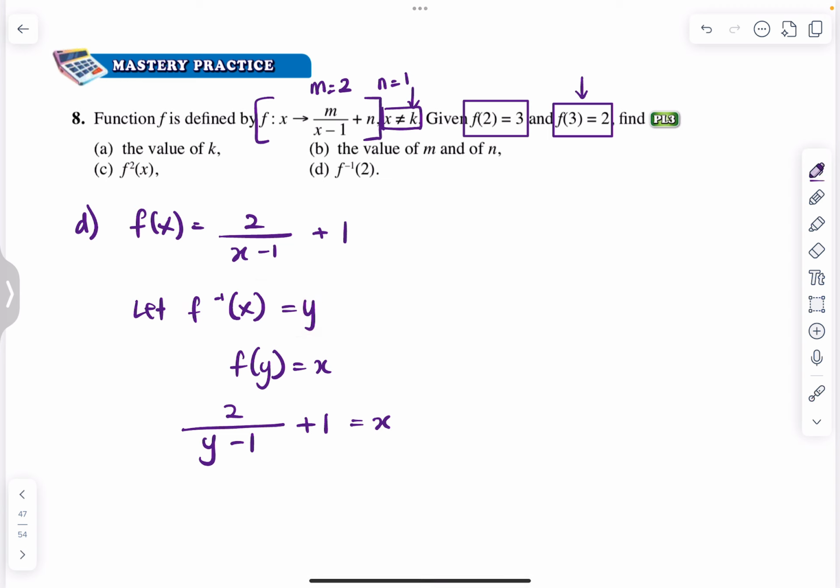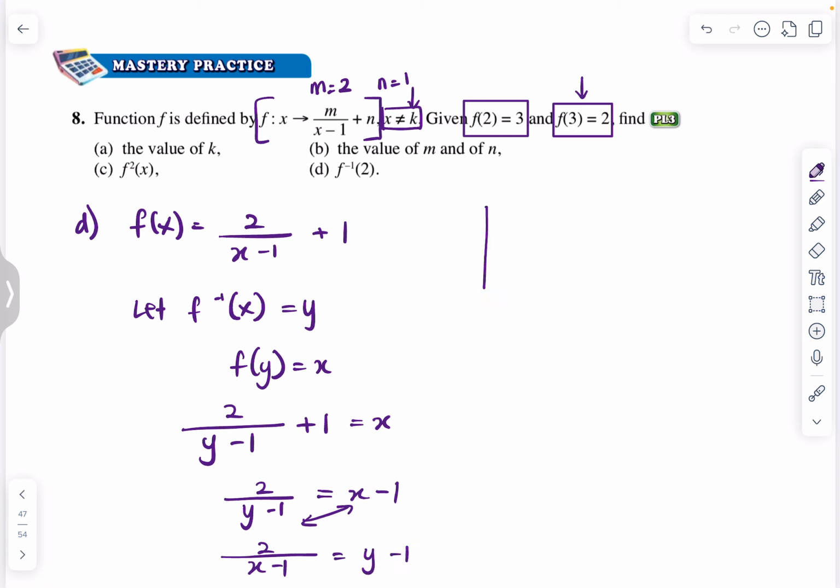So 2 over y minus 1 equals x minus 1. Then these two we can swap places. So we will get 2 over x minus 1 equals y minus 1. You want to make y the subject? Minus 1 we bring over this side.